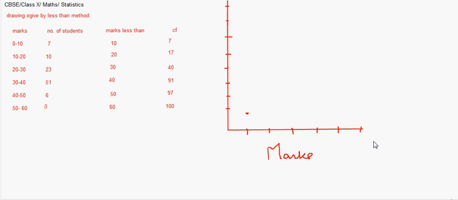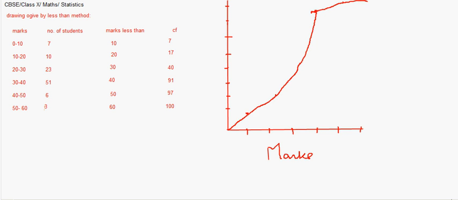Suppose I'm just giving an idea of the kind of coordinate points you get, because there is a sharp rise here, 91. Then it will be 97 and somewhere 100. Now use your free hand to join these plots. This will be your frequency polygon graph, or the ogive in the less than method.